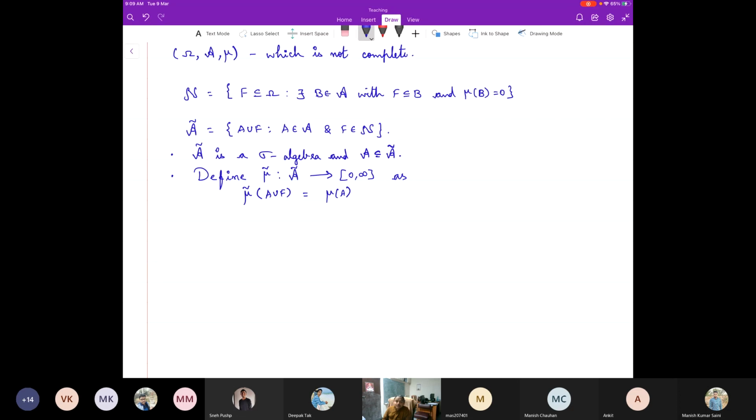So when you define it as mu of A, there is a problem. What is that problem? Well, first thing you will have to show that it is well defined. So is it well defined? If A union F equals A dash union F dash, what are we supposed to show in that case?